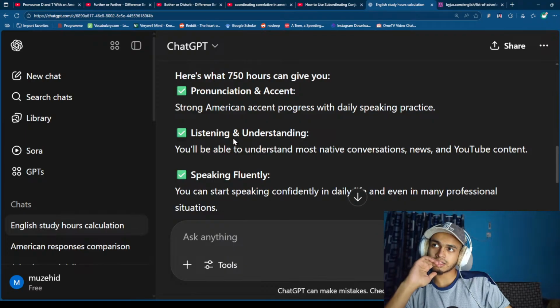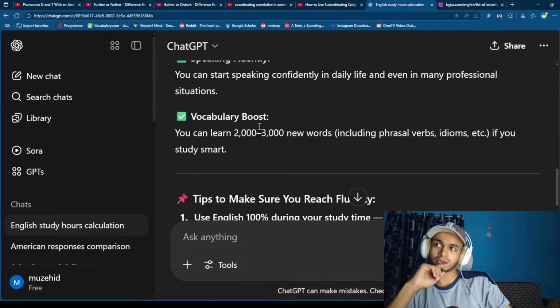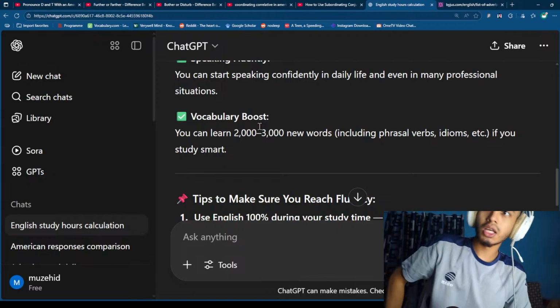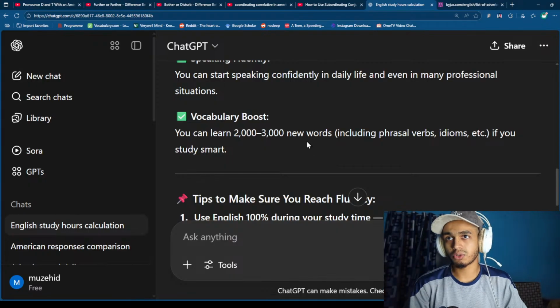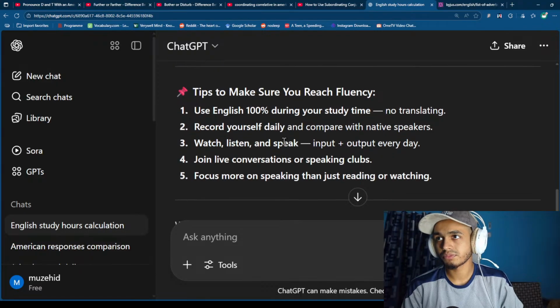Pronunciation and accent: strong American accent progress with daily speaking practice. Listening and understanding: you will be able to understand most native conversations, news, and YouTube content. Speaking fluency: you can start speaking confidently in daily life, even in many professional situations. Vocabulary boost: you can learn 3,000 new words, including phrasal verbs, idioms, etc., if you study smart.